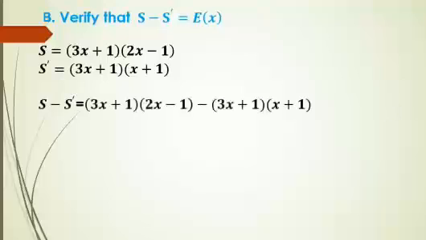We write S minus S prime equal 3x plus 1 into 2x minus 1 minus 3x plus 1 into x plus 1. If you notice, this is the same as the given expression e of x, so we can write S minus S prime is equal to e of x.